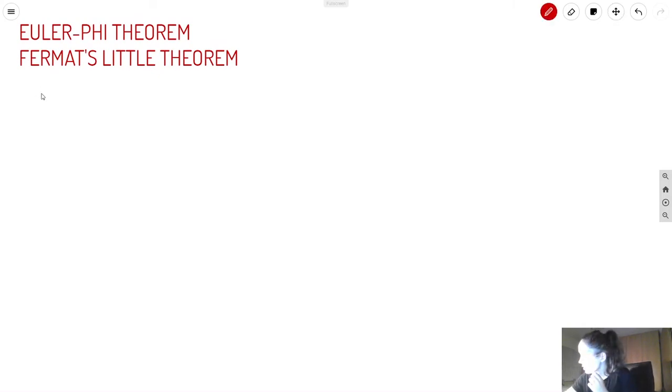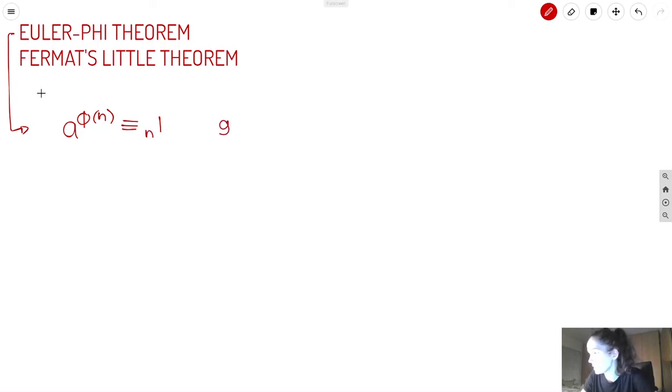So the first one, Euler's theorem, says that if you have an integer a, then a to the power of phi of n is going to be congruent to 1 mod n, where GCD of a and n is equal to 1.